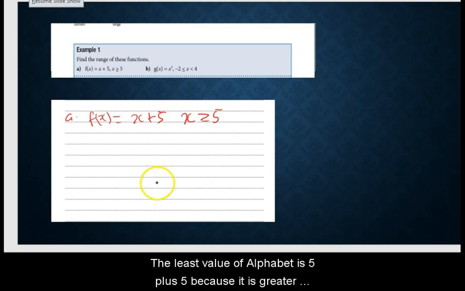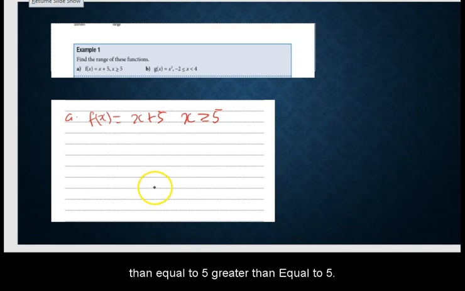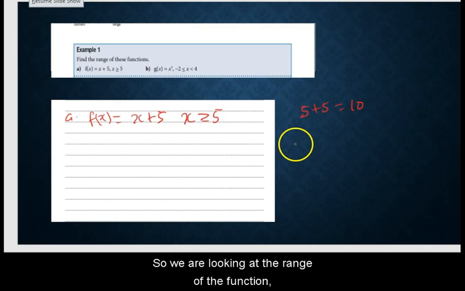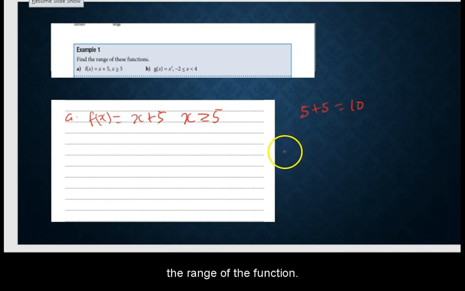The least value of f of x is 5 plus 5, because x is greater than or equal to 5. So 5 plus 5 gives us what? 10. So we are looking at the range of the function.